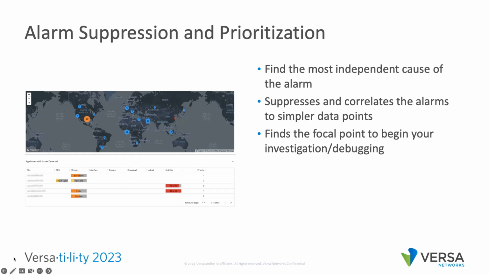Now, after we suppress these alarms, it's our job to prioritize what issues you're seeing all over the world. Because if you have a network sprawl that goes all around the world, you need to figure out what's your action item, what you need to look at in advance, what you need to prioritize.